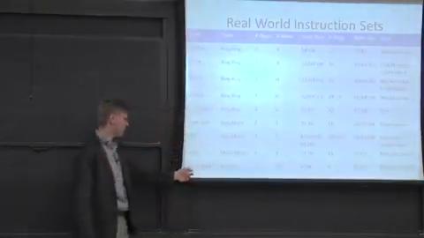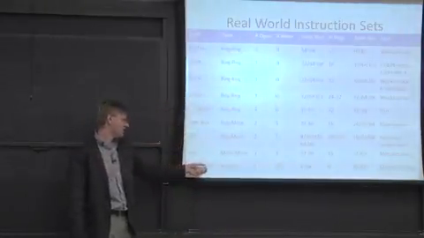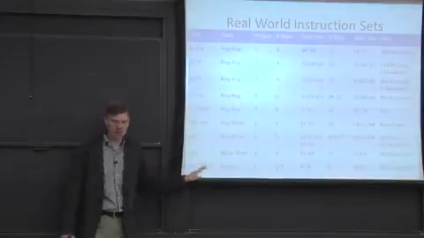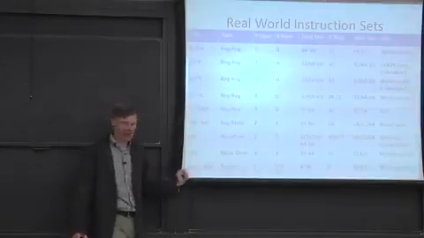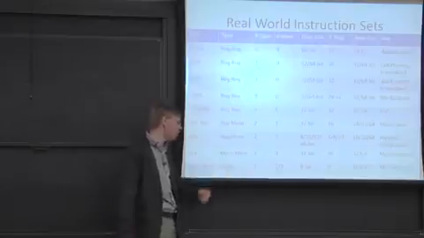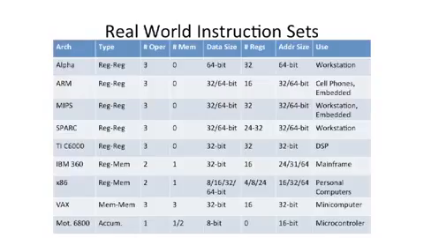We can see something like the Motorola 6800. This is not to be confused with the Motorola 68000 or the 68K. This is the 6800. It is an accumulator-based architecture, where you can have 1 named operand that comes from memory. It's an 8-bit data path, and this is mostly used in a microcontroller.